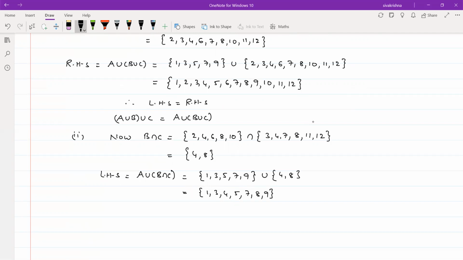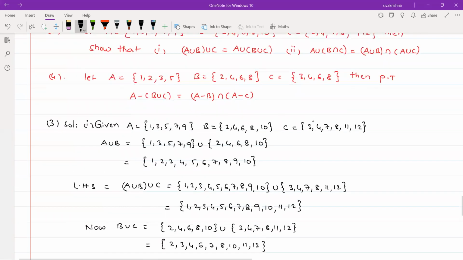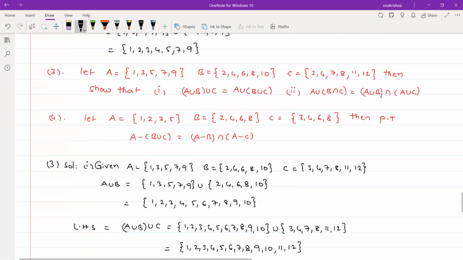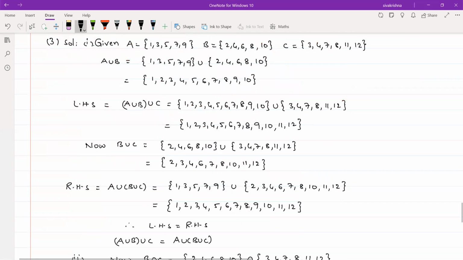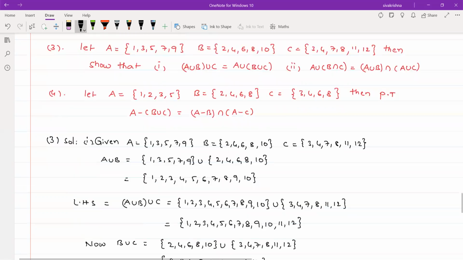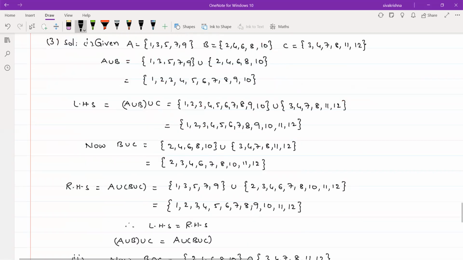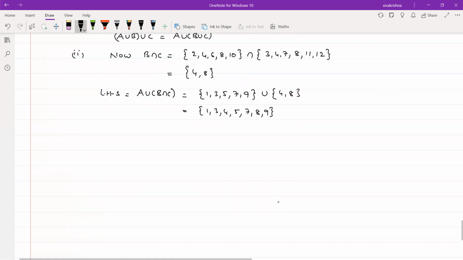Now coming to the RHS. In RHS, first we have to find A union B. We have already found A union B in the first bit, so we need not find it once again. But we have to find A union C. So once again I am writing the answer of A union B here.